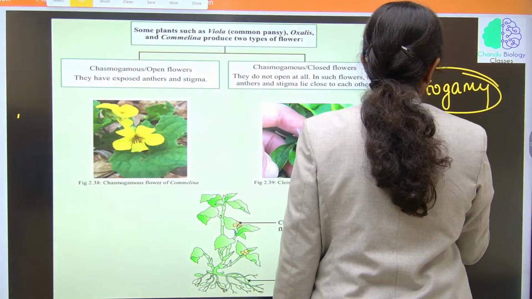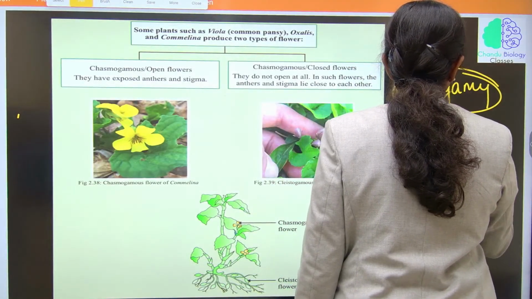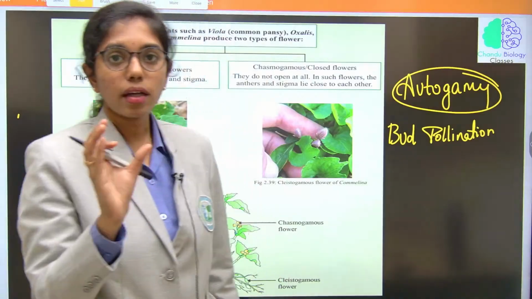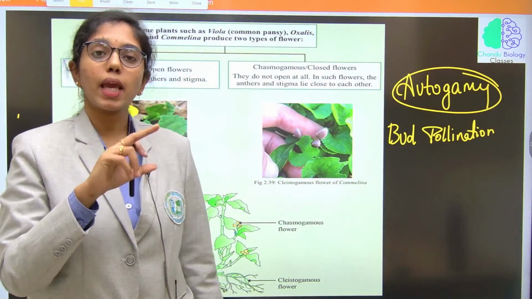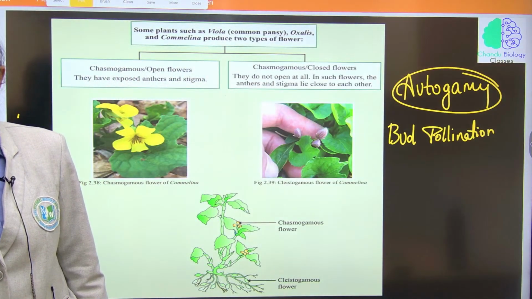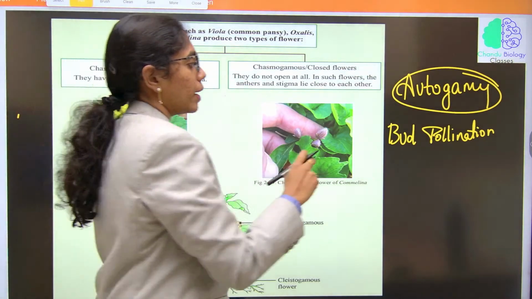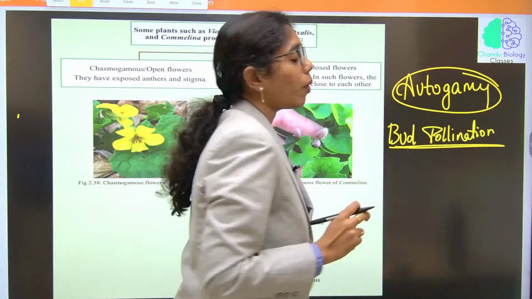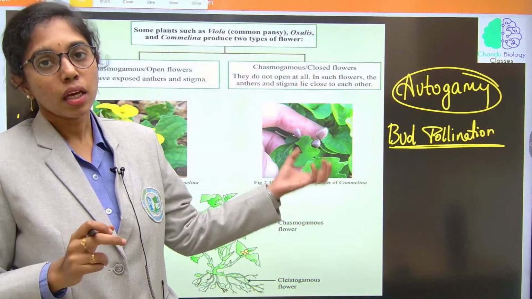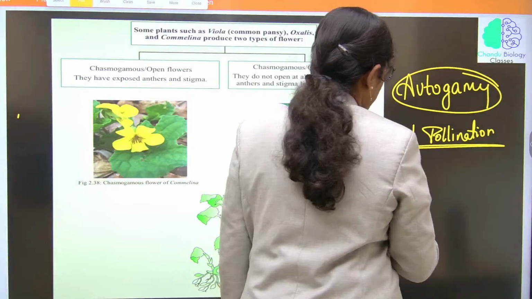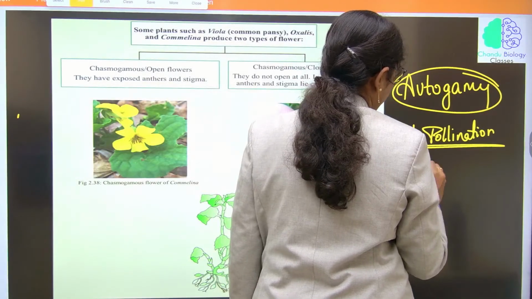Bud pollination is seen in pea and beans, where inside the bud itself, which has male and female reproductive structures, pollination happens between them, thereby undergoing fertilization. This happens in pea and bean.